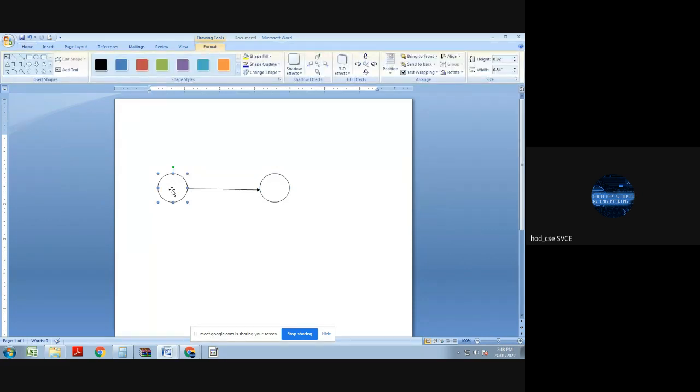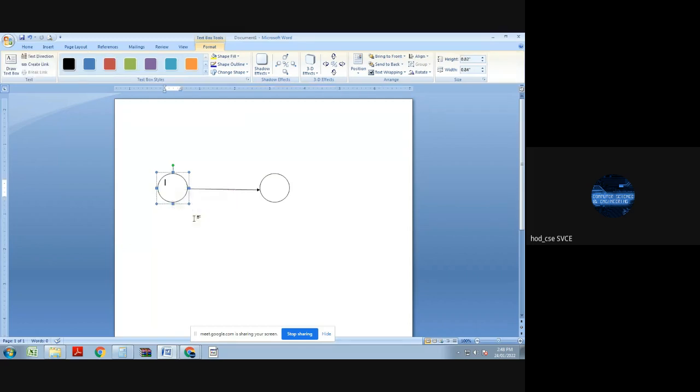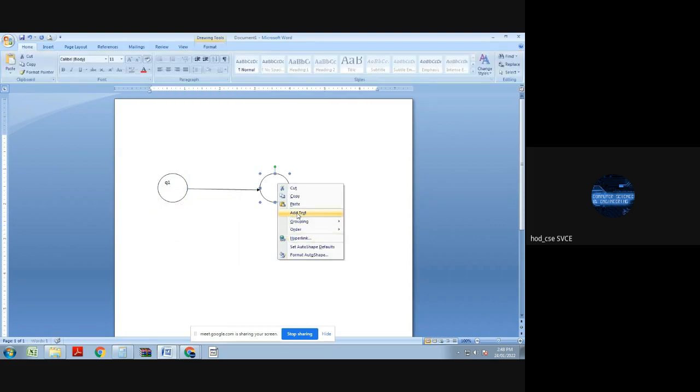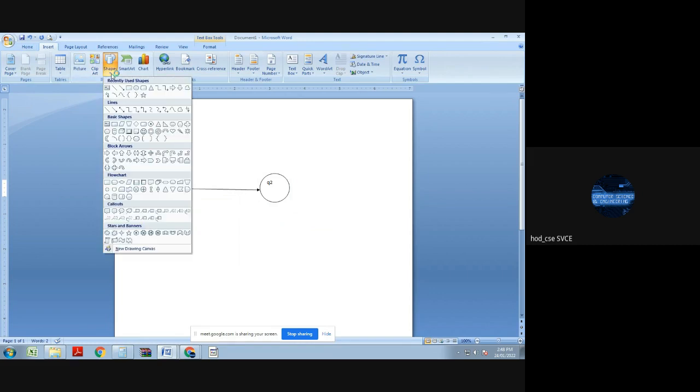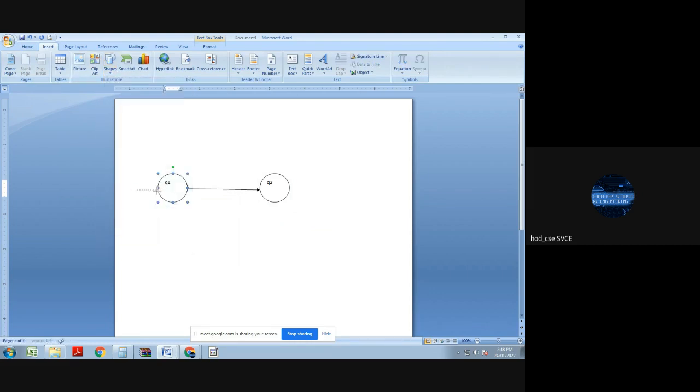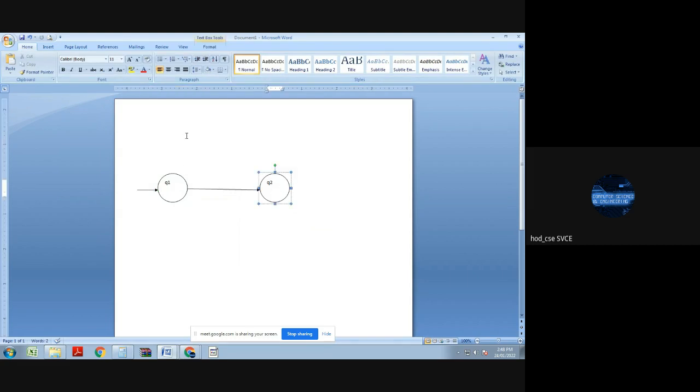So it is Q0 state, one state Q1 and another state Q2. So it is the initial state, and it is the final state. So it's a final state.